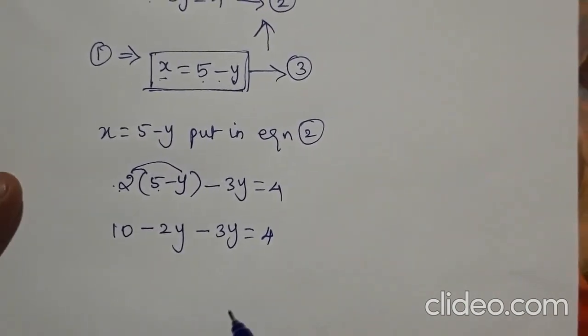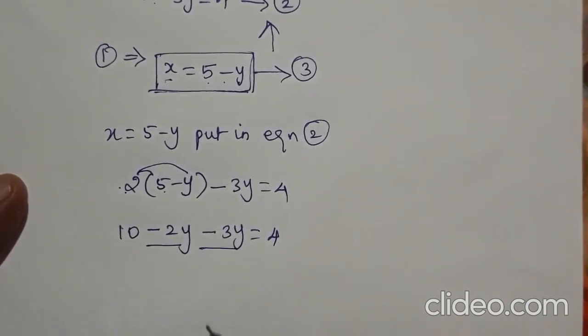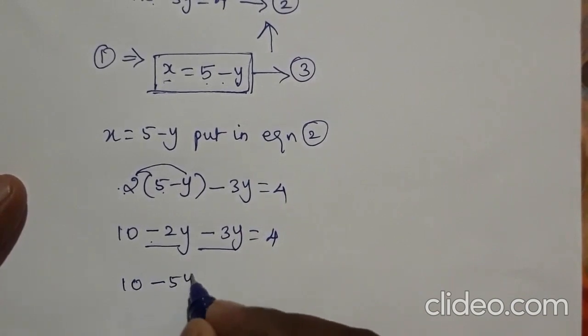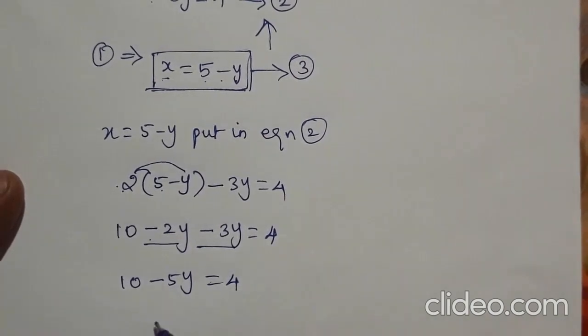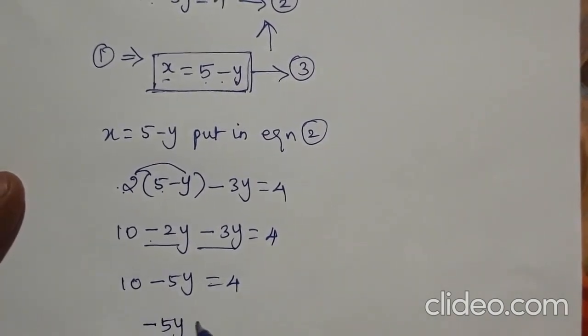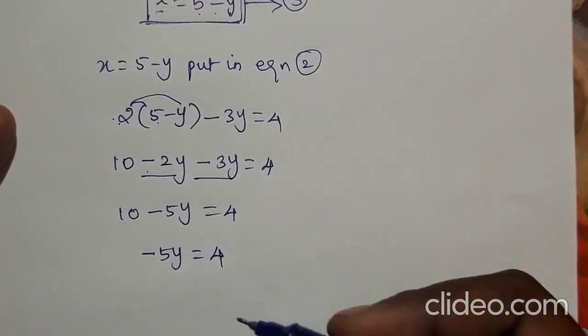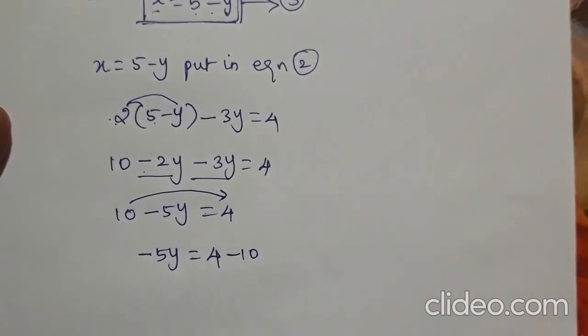So next is here minus 2y, here minus 3y. So both also same sign, just add it. 10 minus 5y is equal to 4. Next, minus 5y is equal to 4, the plus 10 take it to right hand side, you will get minus 10.